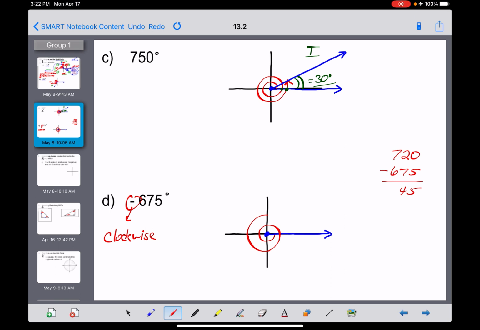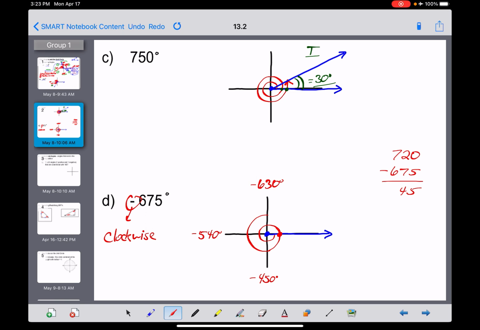So where were we, guys? We were at negative 360 right here. If I keep going with another negative 90 each time, this would be a negative 450 degrees. Another negative 90 would get us to a negative 540 degrees. Another negative 90 would get us to negative 630 degrees.